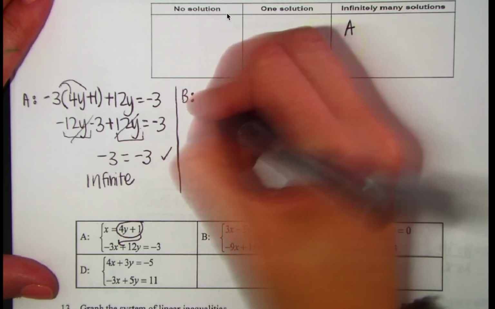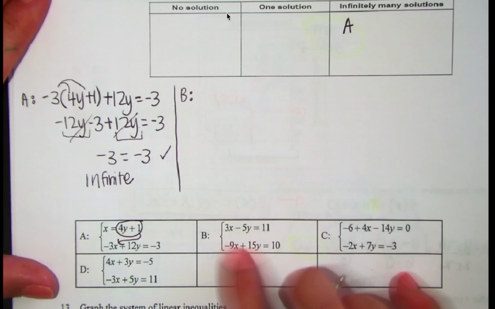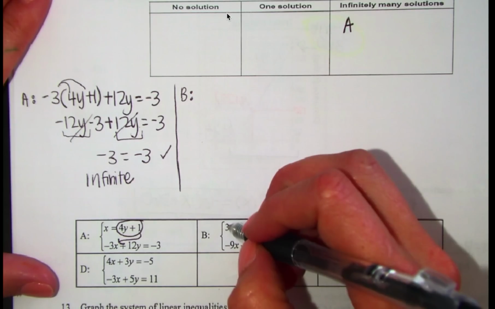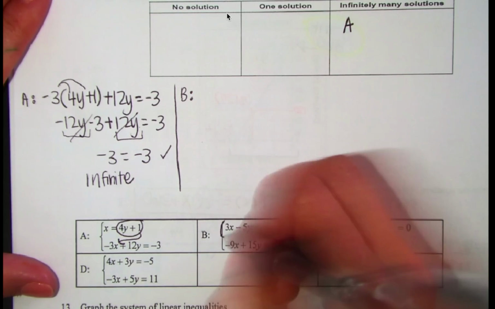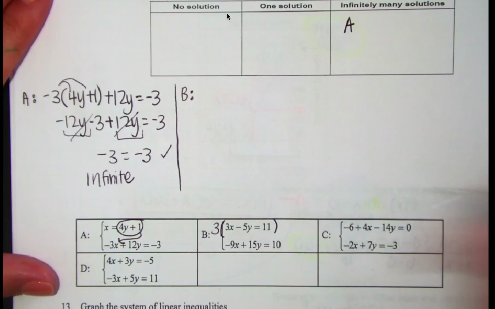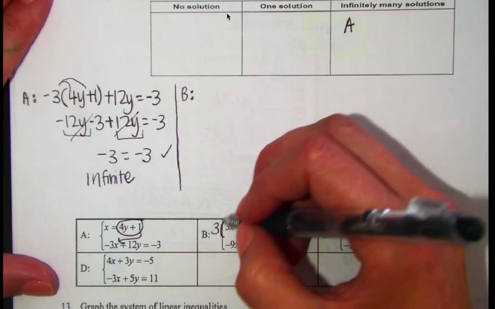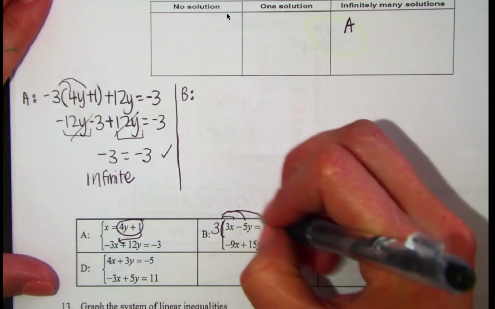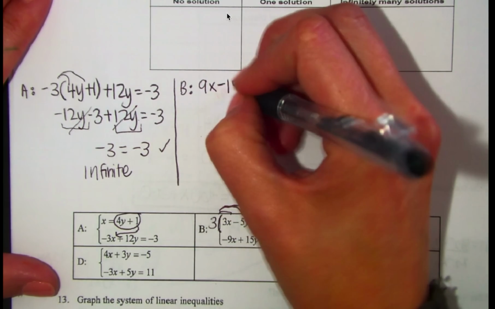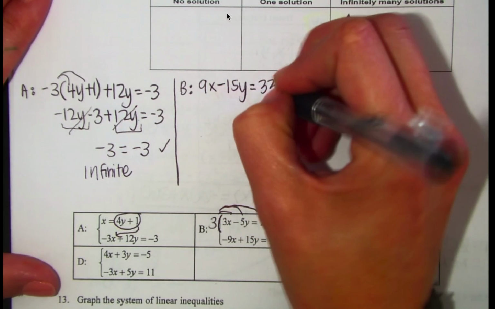Part B is this system right here. Since these are both in standard form, I'm going to use combination. So I'm going to try to eliminate a variable. If I multiply this by 3, I'll get 9x to cancel out with negative 9x. So I'm going to show that work up here. I'm going to distribute 3 and multiply 3 to each term for this first equation. I get 9x minus 15y is equal to 33.